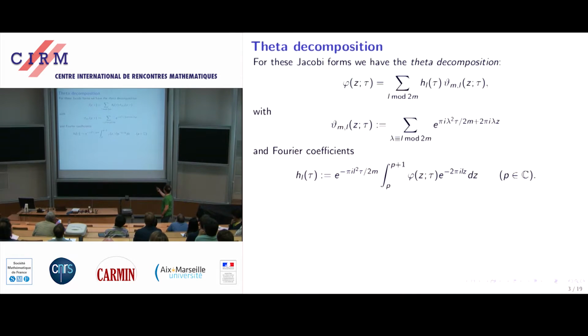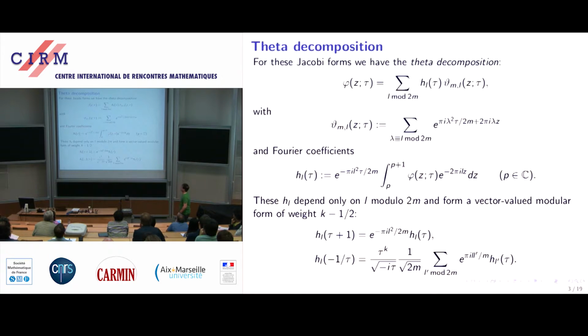And that means these theta functions also have some modular transformation property. For this you really only need the elliptic ones, not the modular ones. But if you now also use modular transformation properties, these thetas satisfy some sort of modular transformation property. So if you work that out, that means the H_L also do, and they transform like a vector valued modular form.